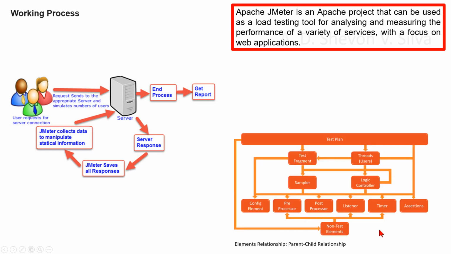Here you can see the parent-child relationship in the elements relationship. Here you can see all the 12 elements on a screen which are connected through some lines and arrows.